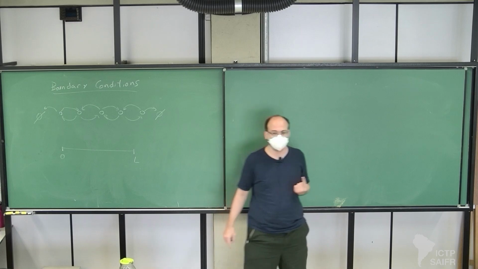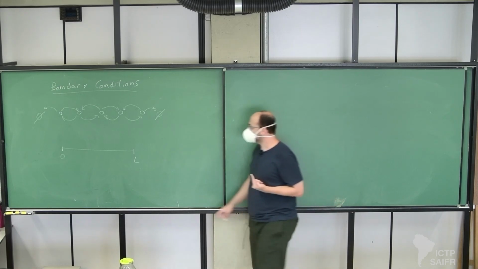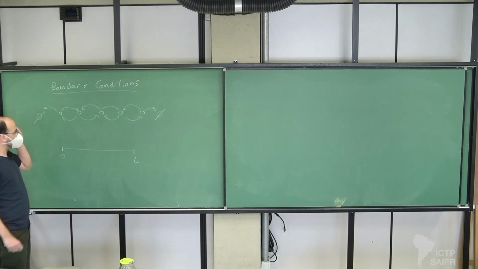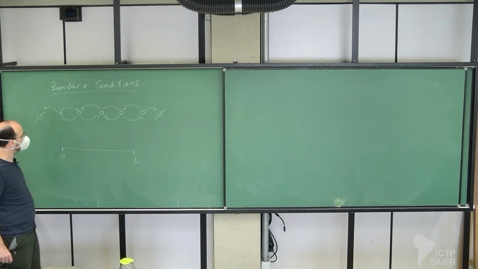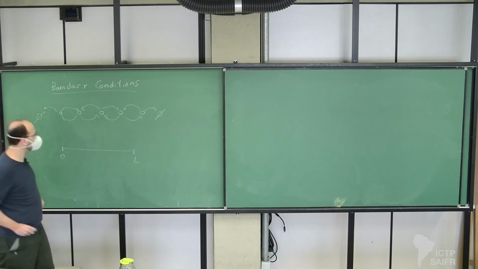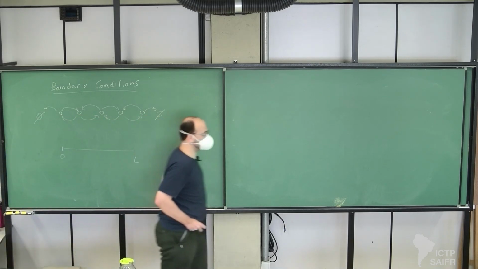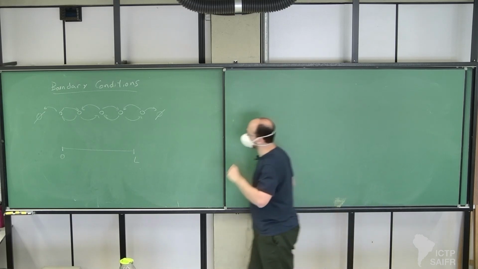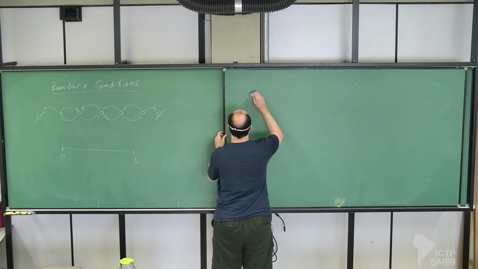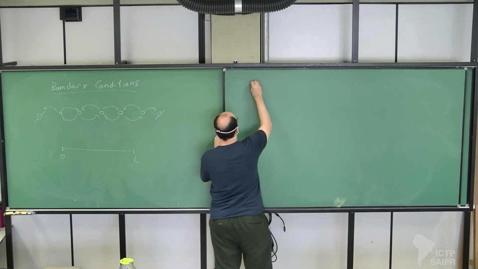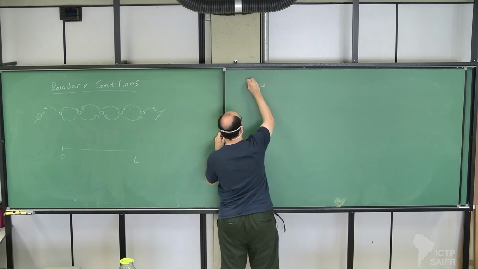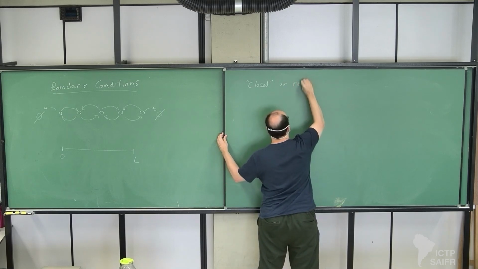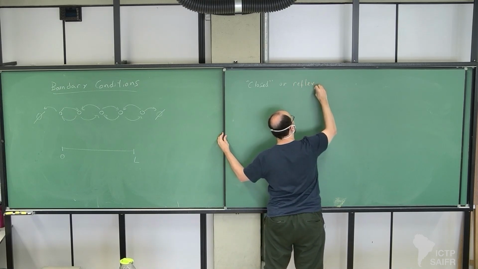Now, mathematically you can express this in the following way. I'm not going to go into too much detail, but I want you to have some idea where this comes from. So a no flux, or closed, or reflective boundary condition. Is it reflexive or reflective?